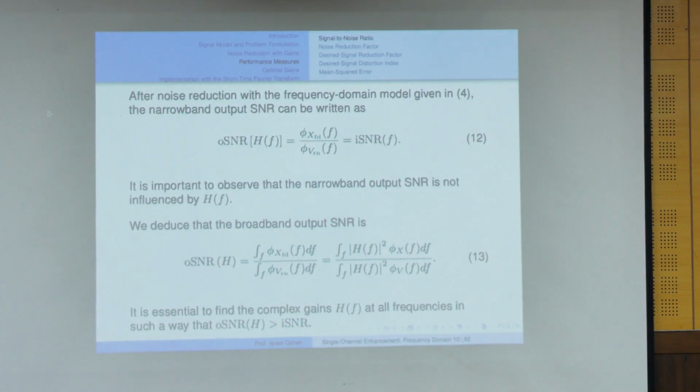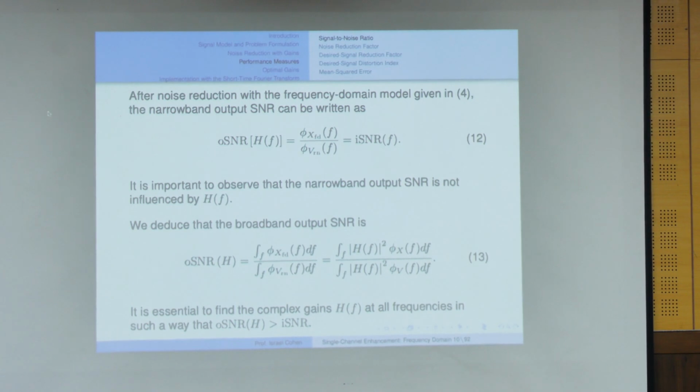So we see that the narrowband output SNR is the same as the narrowband input SNR. Why? Because if we just use a gain for each frequency, a scalar gain, we cannot change the narrowband SNR. So the narrowband output SNR is the same as the narrowband input SNR for each frequency. But still, we don't care much about the narrowband SNR.